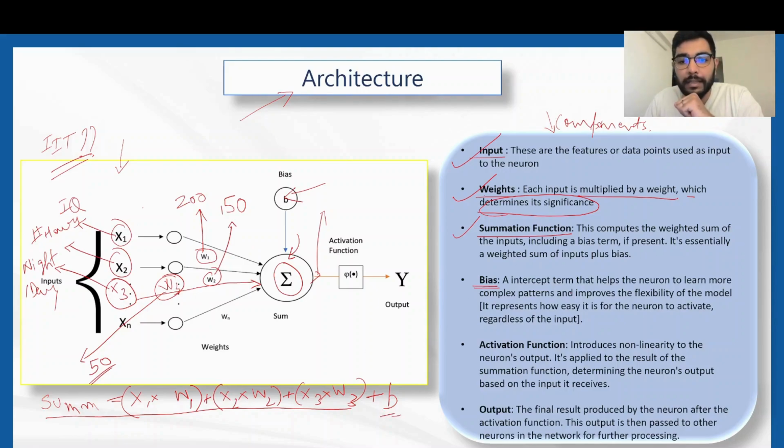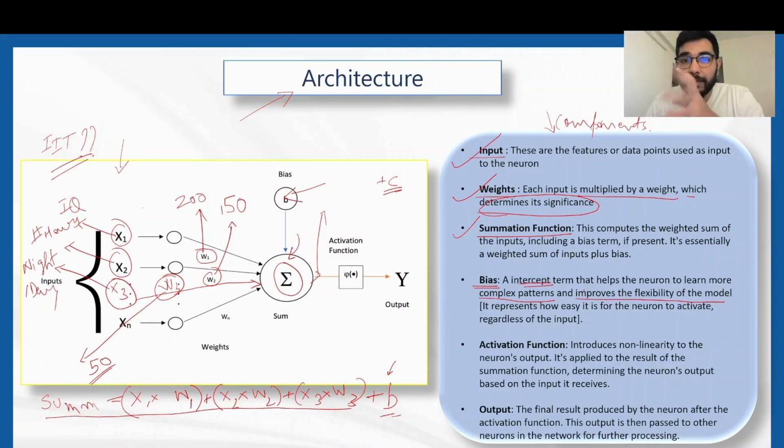The bias term essentially is the intercept term. So in linear regression, if you remember the equation, it's m1 x1 plus m2 x2 plus an intercept c. In a similar way, here we have a bias term b that is introduced for the neuron to learn complex patterns and improve the flexibility of the model.